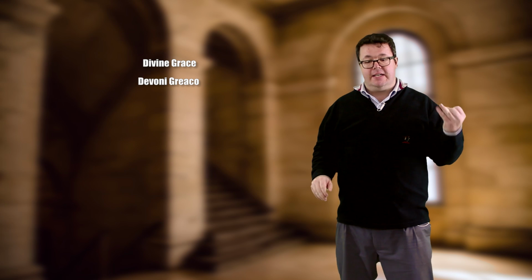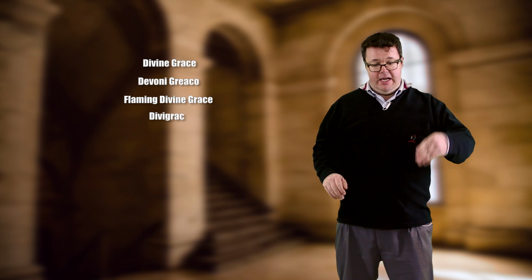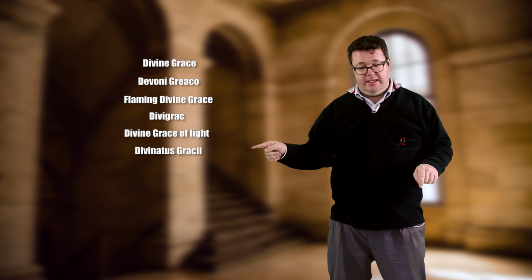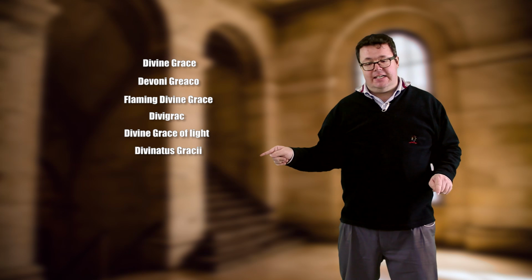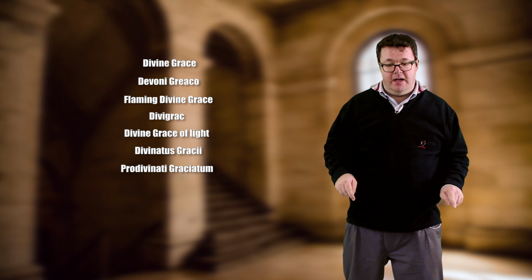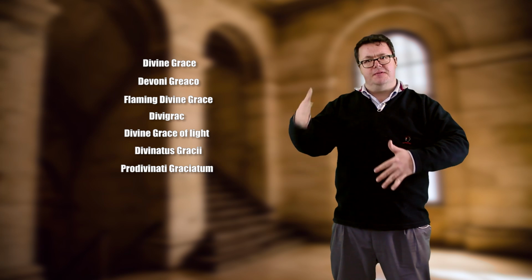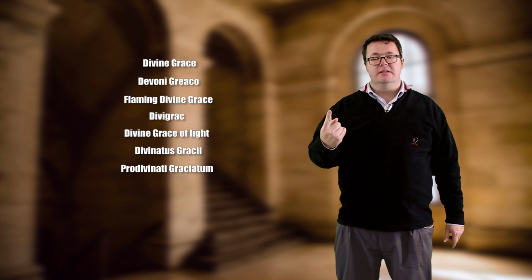So with that combination, we have divine grace, Divoni Greaco, flaming divine grace, Divi Grace, divine grace of light, divinatus graci, divinax gracium, divindax grach, and pro divinati gracium. Quite a lot of different names out of one little combination of letters.